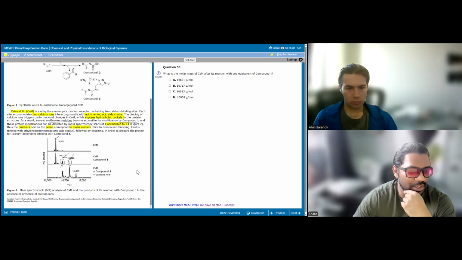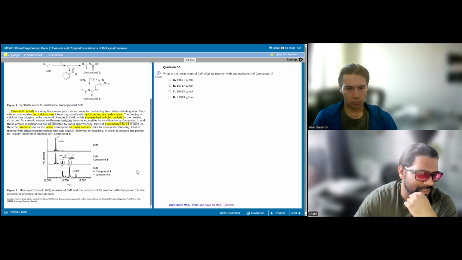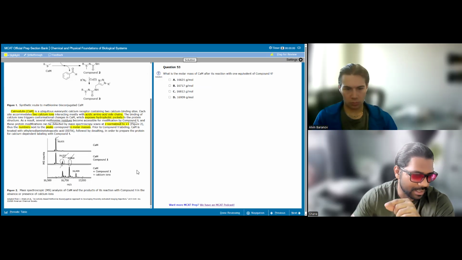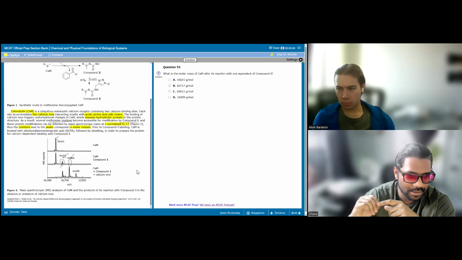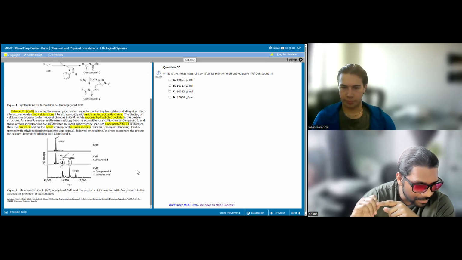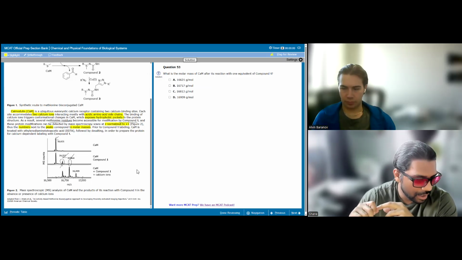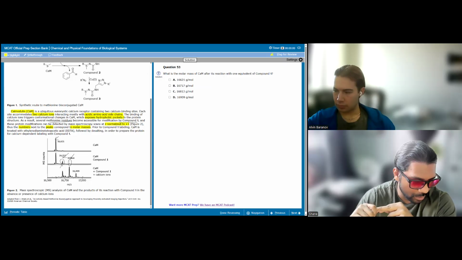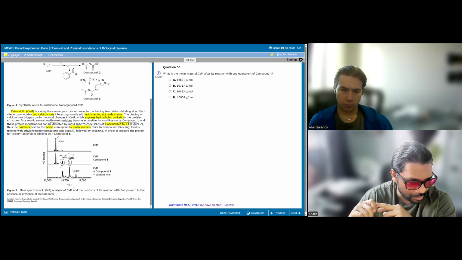These protein modifications can be detected by mass spec scans at Z, the charge, normalized to +1, figure 2. Thus, the numbers next to the peaks correspond to molar masses. Prior to compound 1 labeling, CAM is treated with EDTA, followed by desalting in order to prepare the protein for calcium-dependent labeling with compound 1. Mass spec analysis of CAM and the products of its reaction with compound 1 in the absence or presence of calcium ion.